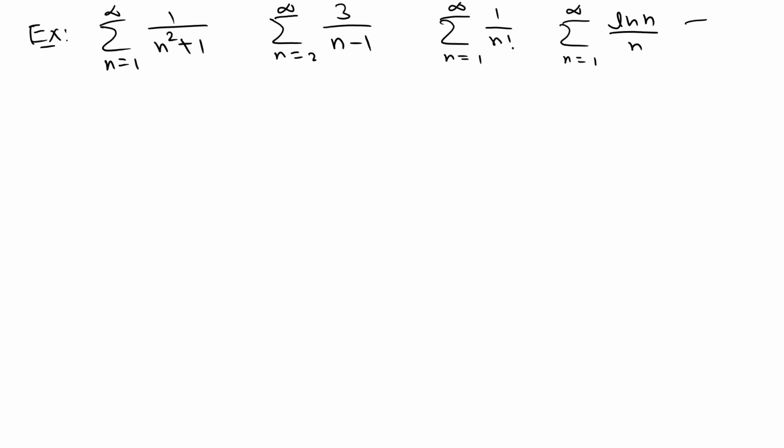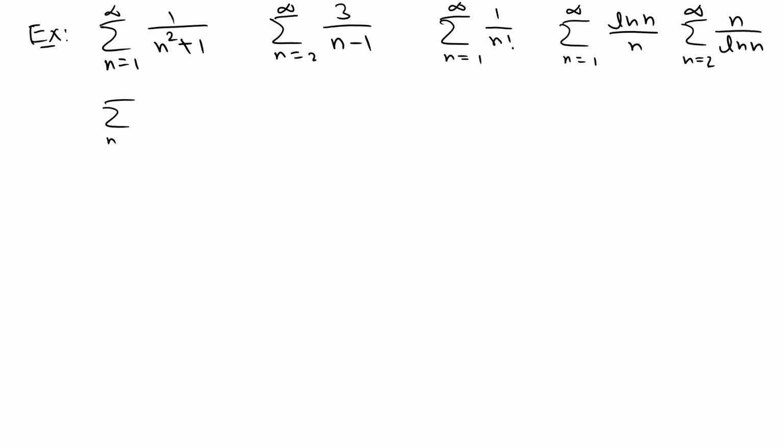and then sigma n going from, okay, we're going to do n over ln n, but you have to be careful. You can't say n equal 1 now, because ln 1 is 0. So I'm starting with another value, n going from 2 to infinity. You can put 1 here. Good. And then we can try this.